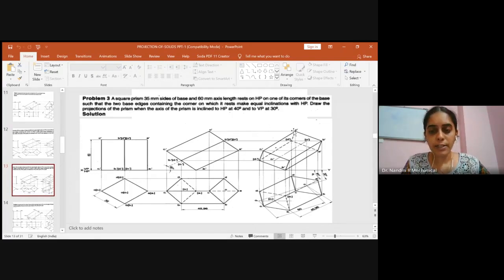So after you extend the projection, we also extend the projection from C dash, A dash, B dash, D dash, O dash along the same line, C1 dash and A1 dash along the same line, B1 dash and D1 dash along the same line, O1 dash is also along the same line, and A1 dash along the same line.